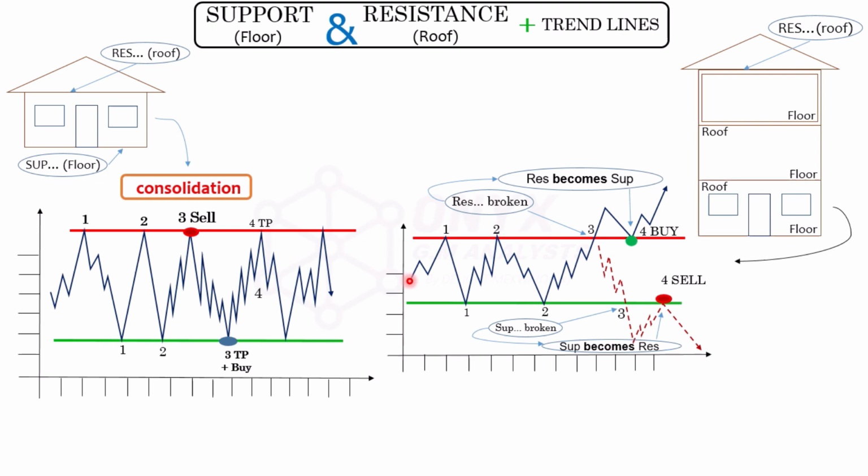Suppose the market is here. It goes up, gives us a high, comes back down, gives us a low, goes back up to the same level as the previous high, gives us the second high. It's not a higher high. It's not actually a clear higher high or a higher low, but the market goes down.